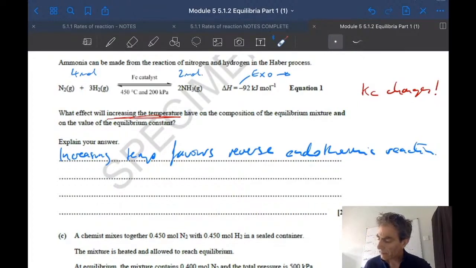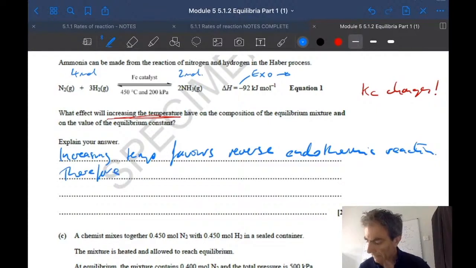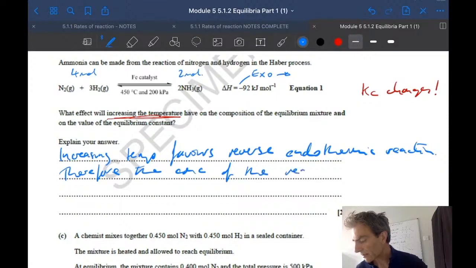Okay, so what's that going to do to the composition of the equilibrium mixture? Therefore, the concentrations of the reactants will increase and the products decrease.